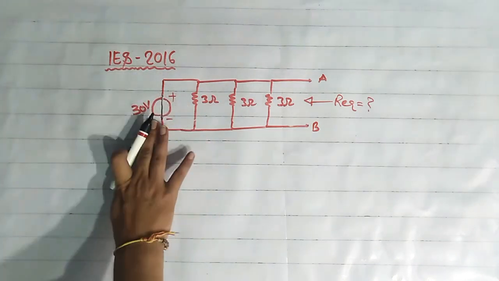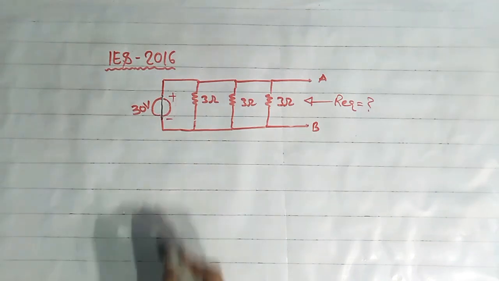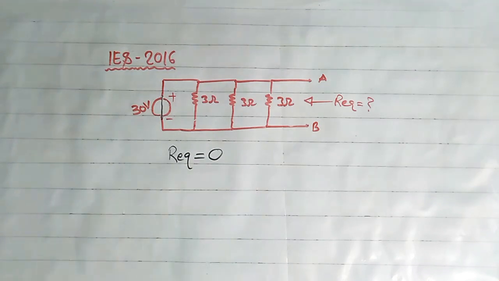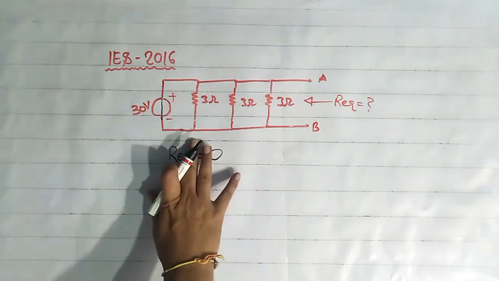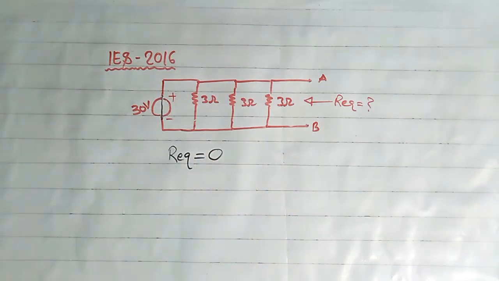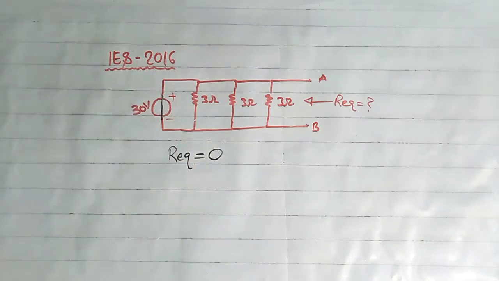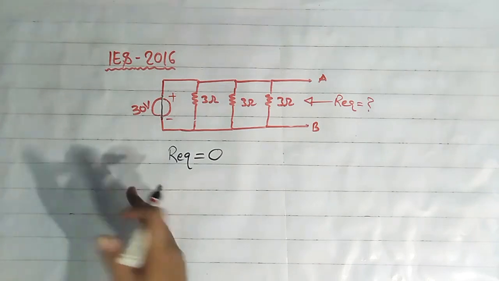Then we get equivalent resistance equal to 0, because all these 3 resistances are in parallel and this whole combination is in parallel with the shorted path. It means equivalent resistance will become 0.